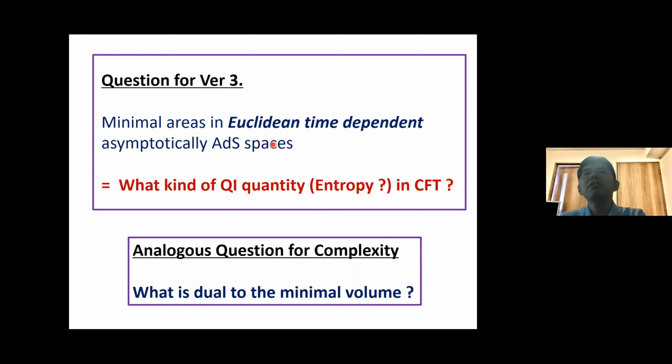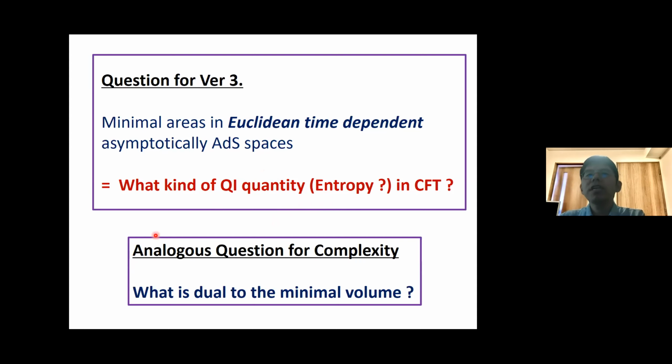In that case, we can naturally define a minimum area surface. In this case, we don't need to extremalize; we can just talk about the minimum area. And the question is, what does this minimum area correspond to? What is its quantum information theoretical interpretation, especially in conformal field theory calculations? What kind of quantity in conformal field theory corresponds to this minimum area in a Euclidean time-dependent background?